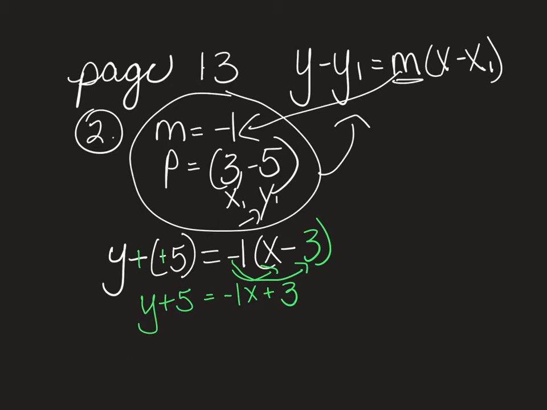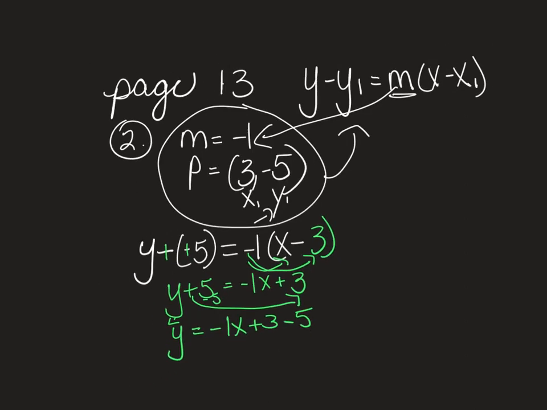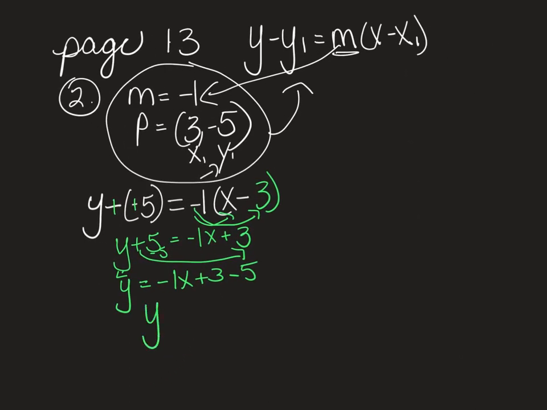Now, I'm going to bring down my y, and I'm going to take this positive 5 over through its inverse operation, which would be -5 equals -1x plus 3, and then bring down my -5. Okay? Now, y equals -1x, and then I'm going to combine these.